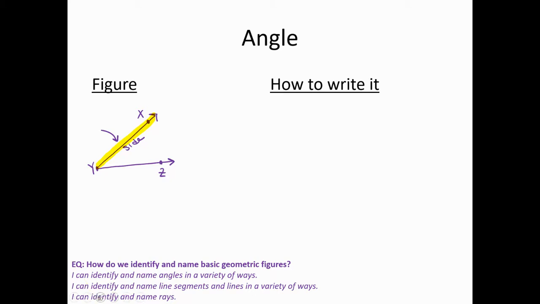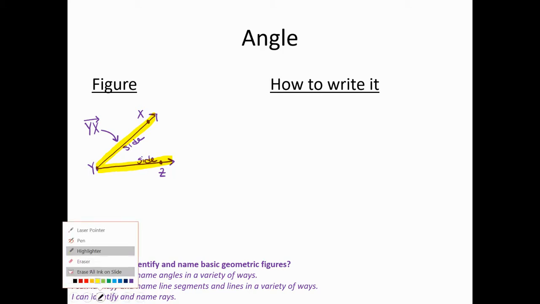It is a ray, and we would call it ray YX, because the endpoint is at Y and it goes to X. And then we have another side as well. This one down here is also called a side of the angle, and I'm going to highlight that for us. So we have a second side to our angle, and it's also a ray.